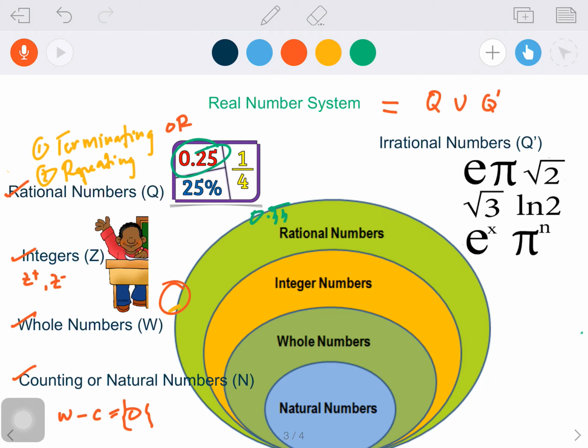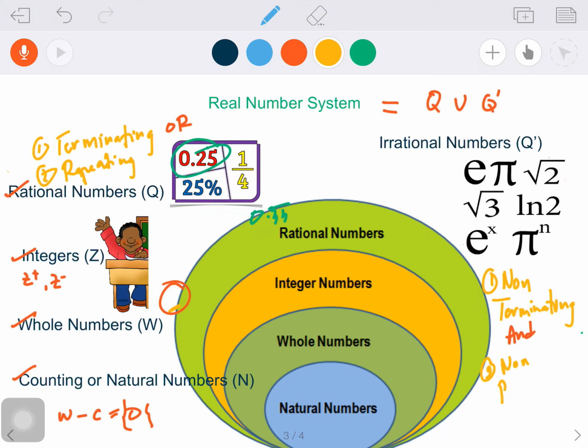So e is actually Euler's number. It's a constant, but it is primarily a number in decimal that does not terminate, meaning it's non-terminating. And I'd like to highlight this one, and it's non-repeating.